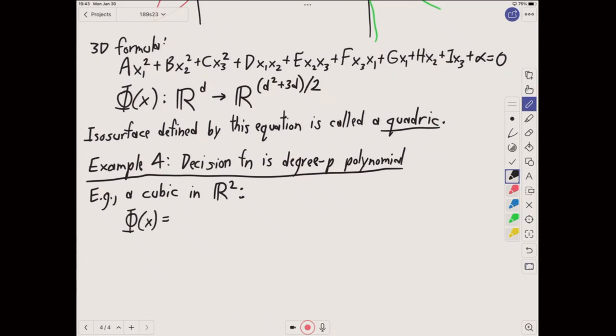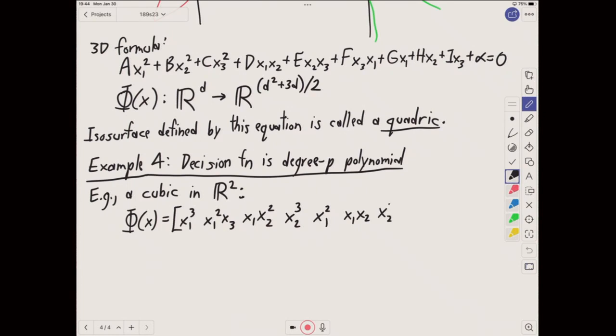So now our lifting map might be, we're going to need all of the degree 3 polynomial terms on x1 and x2. There are 4 of those. And then we're going to need to add all of the degree 2 polynomial terms on x1 and x2.